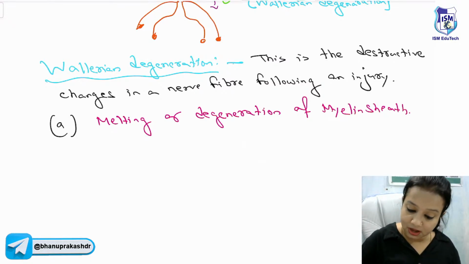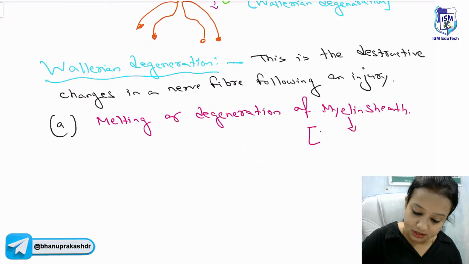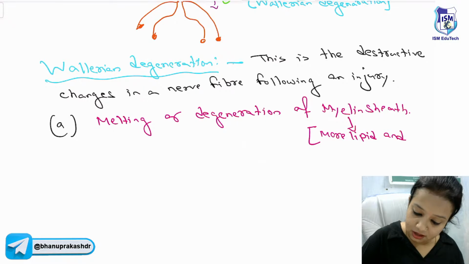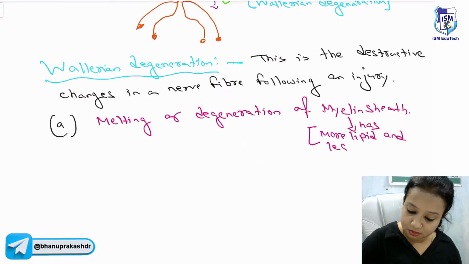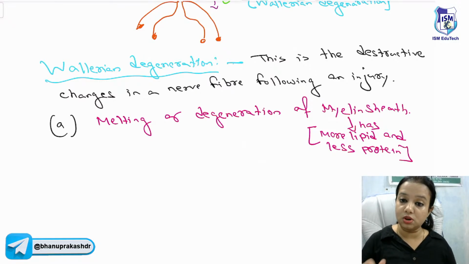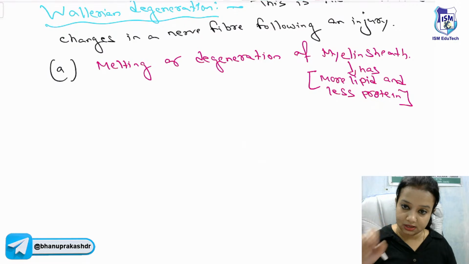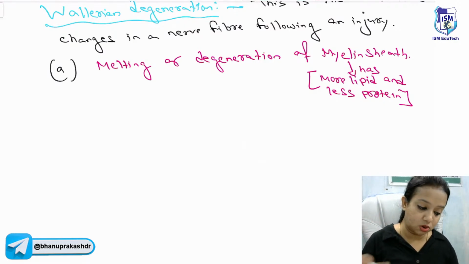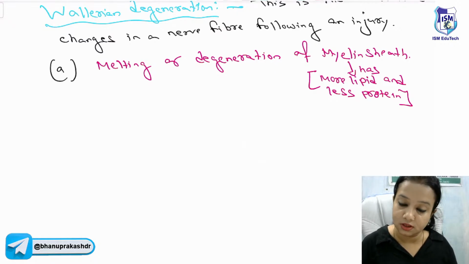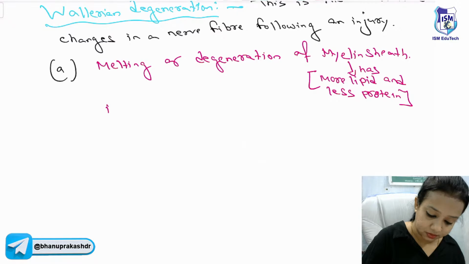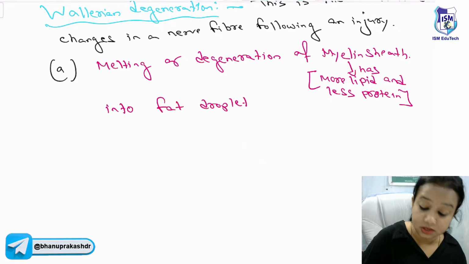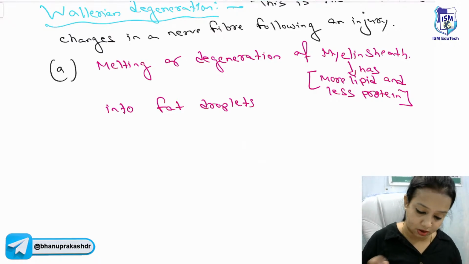The myelin sheath has more lipid and less protein. This is the only membrane surrounding a cell which has more lipid and less protein. So the melting or degeneration of the myelin sheath into fat droplets, because it is mainly made up of lipids.